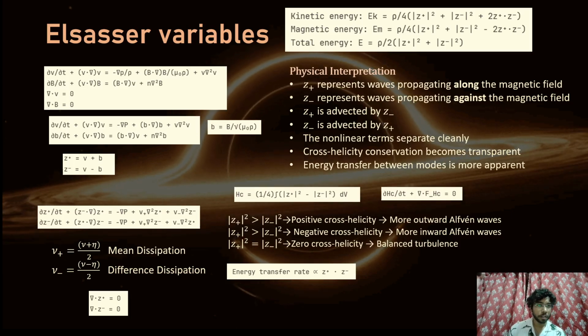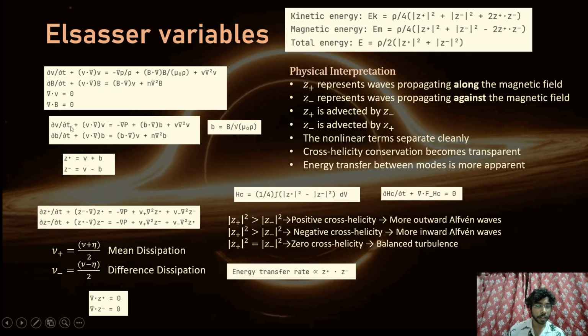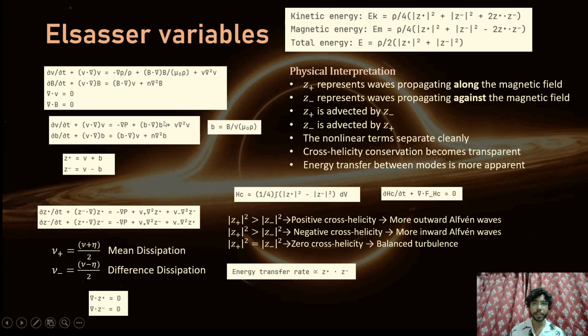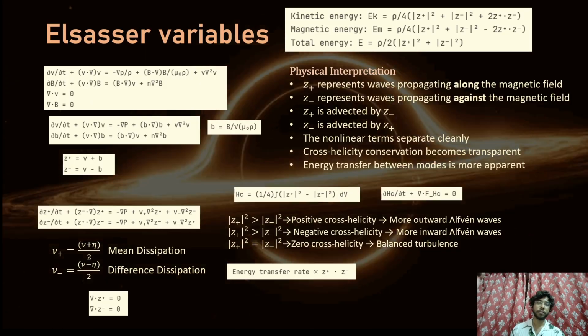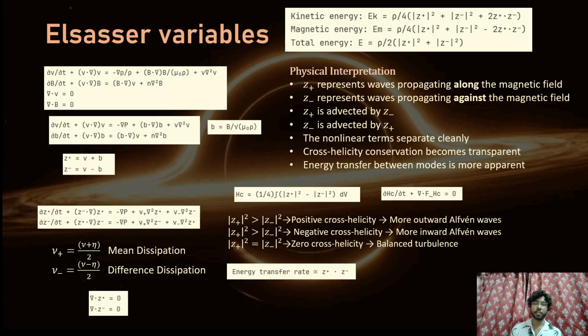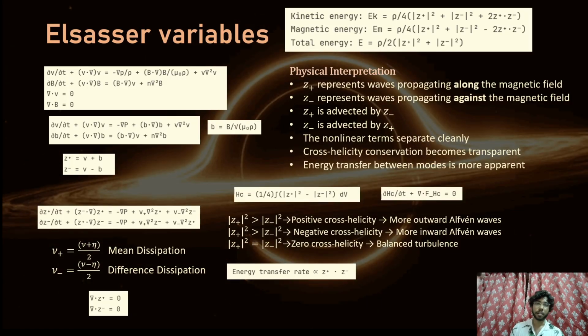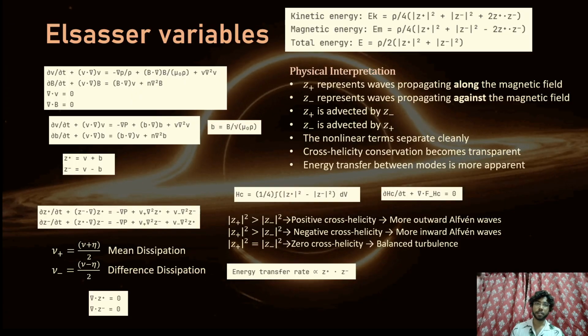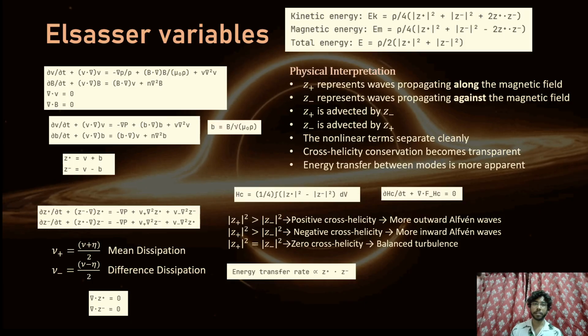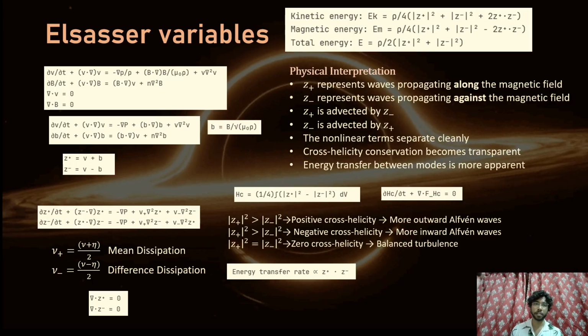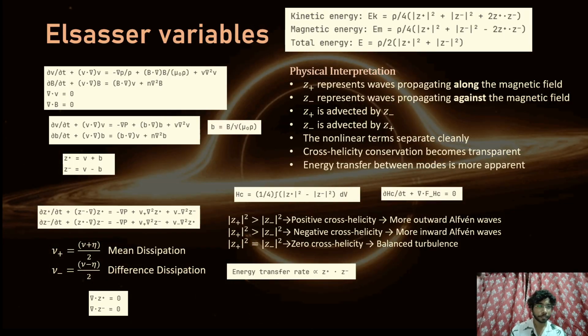Now we'll later see why we are doing this analysis from the momentum equation and the induction equation, and why it is useful in some cases. This is basically just a transformation of variables and nothing very fancy, but this transformation has some physical significance that we will see.